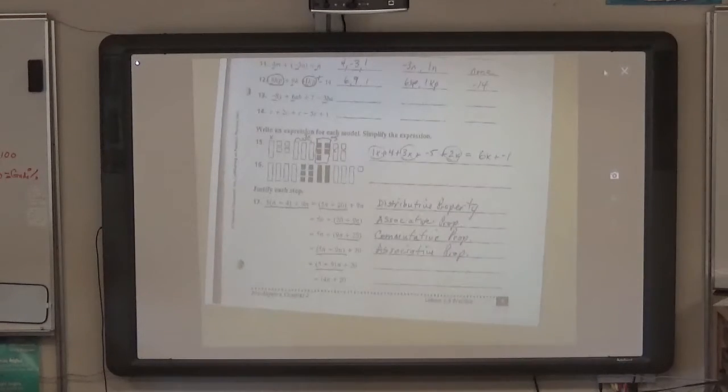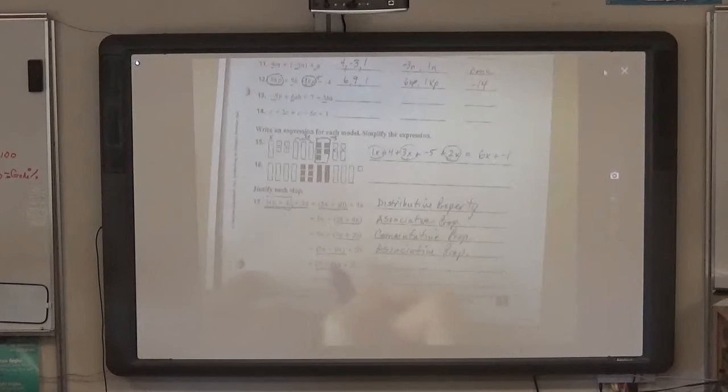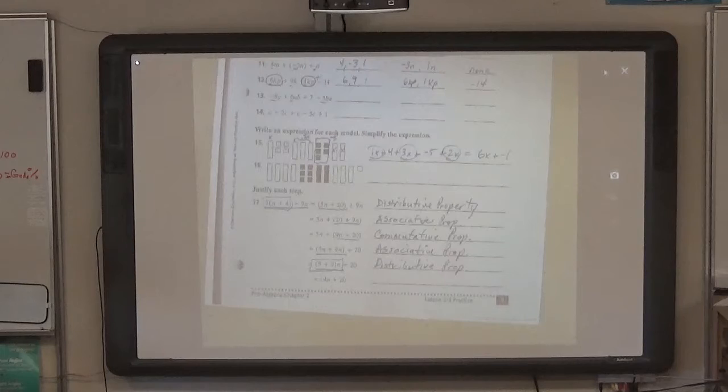But this and what we started with look very similar, don't they? Which property says that those two are equal? It's the first property again that we started with. It's distributive property. Kind of like undoing the multiplication. Distributive property says those are equal.